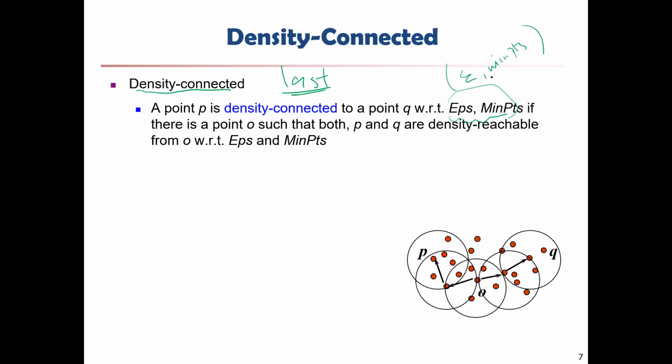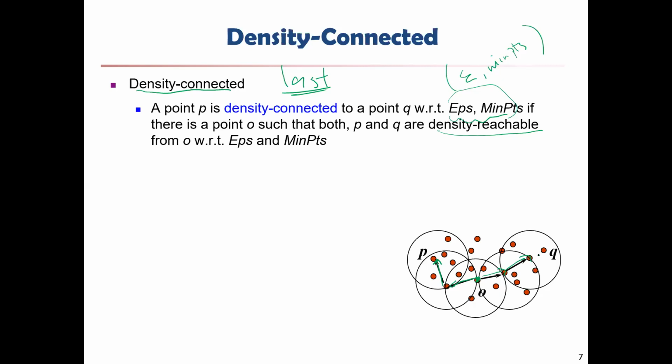If there's a point O such that P is density reachable from O, and at the same time Q is also density reachable from O. If you recall, your first degree neighbor is always your directly density reachable.